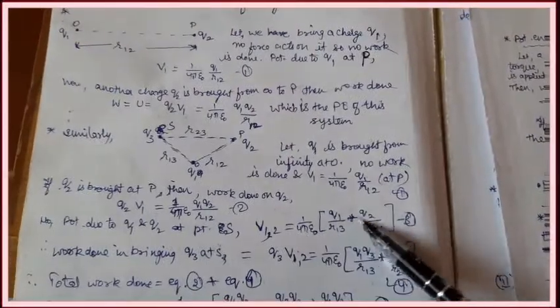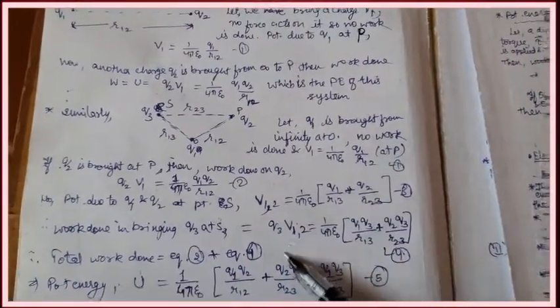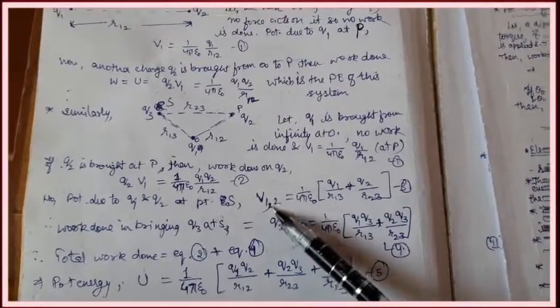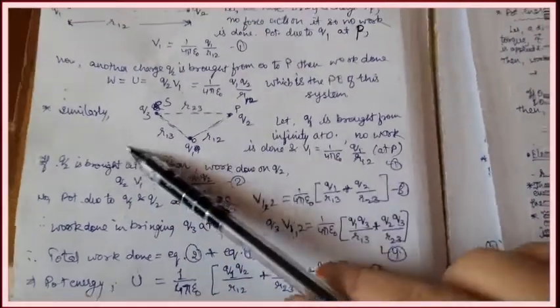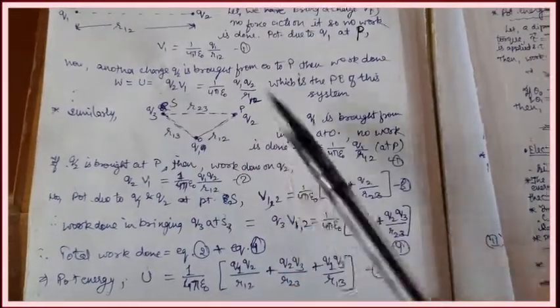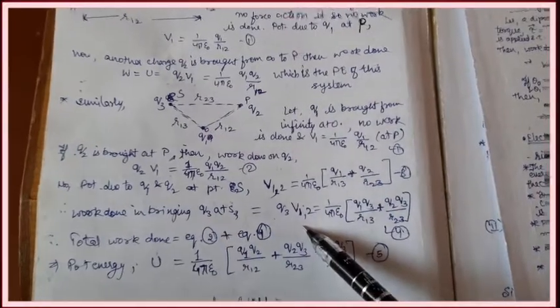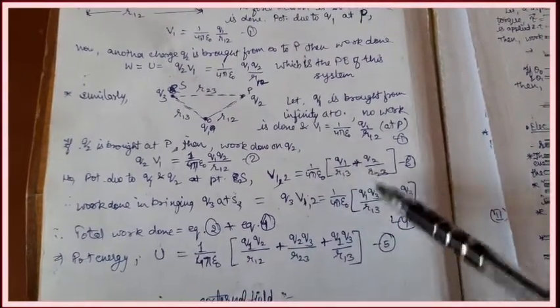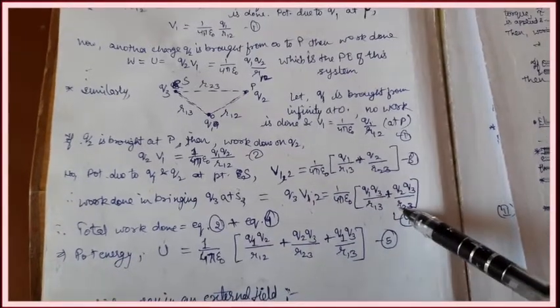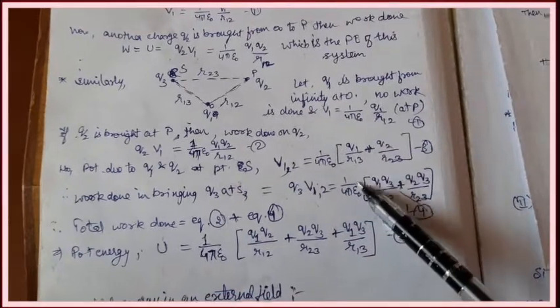The total potential at S is the sum of both potentials, and we have named it V12. If we want to determine the work done in bringing q3 from infinity to S in the presence of this potential, then we do q3 into the potential V12. So we simply multiply this equation by q3. In this way we get the work done in bringing q3.